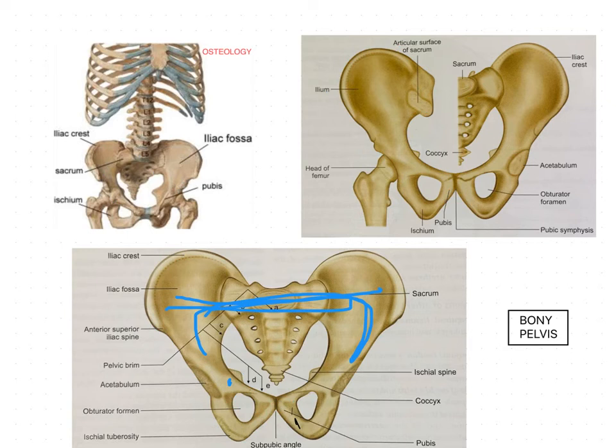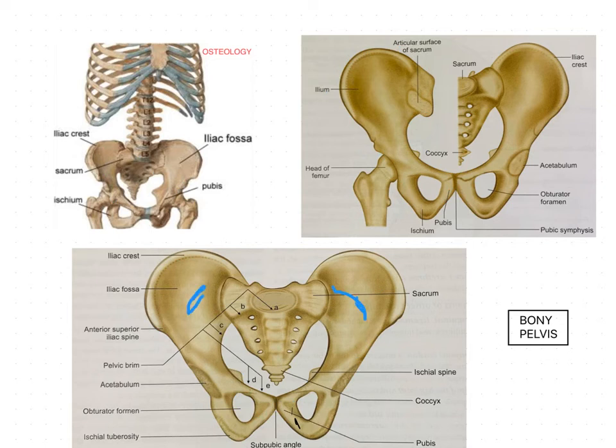Okay, now we will see what the walls of the greater pelvis are. The walls of the greater pelvis are formed by the broad upper parts of the two iliac bones, mainly by the iliac fossae. On the two hip bones, you have this iliac fossa here.